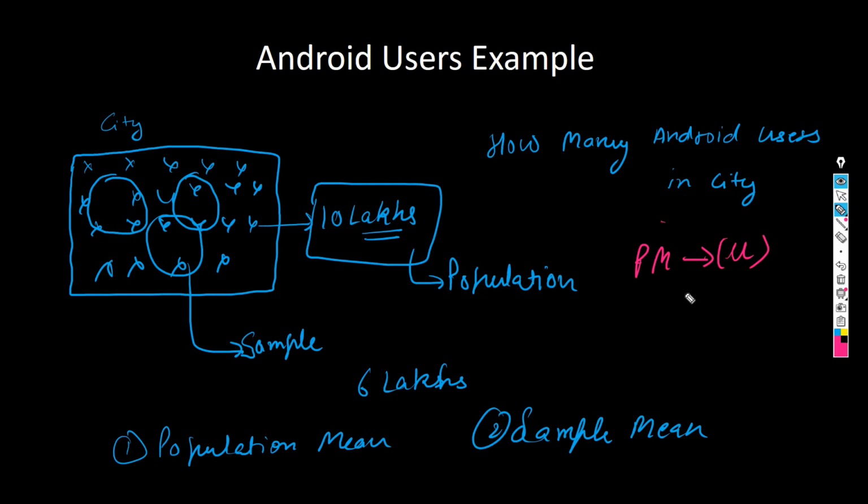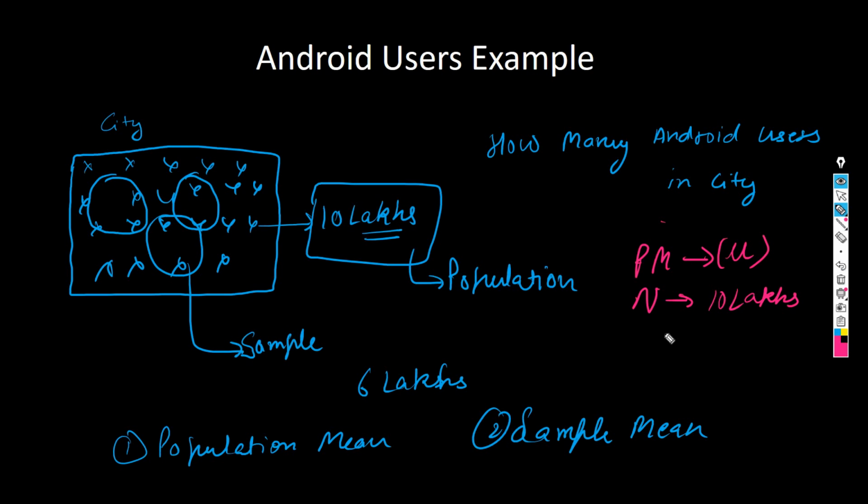And we always take the number of persons, or number of users, in this example as capital N. Our 10 lakhs will be our capital N because we are talking about the population.